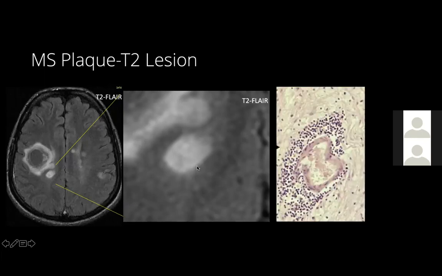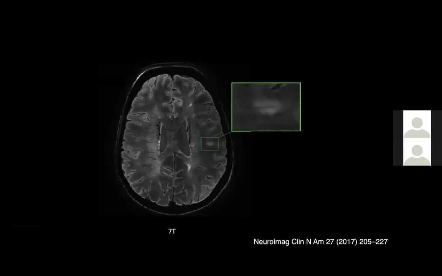If you compare with the histopathology, this plaque is composed of a central vein. Around that vein there are inflammatory cells, and then there is demyelination going on around the CNS in that area. We can see this MS plaque on high resolution, ultra high field, 7 Tesla MRI.